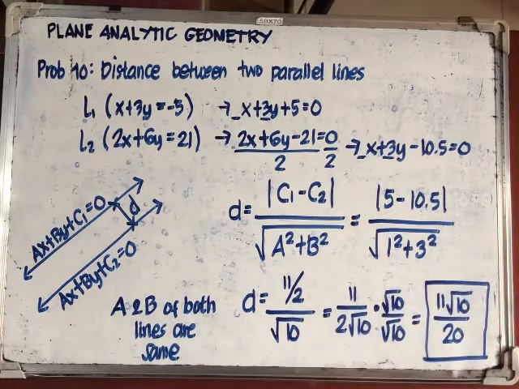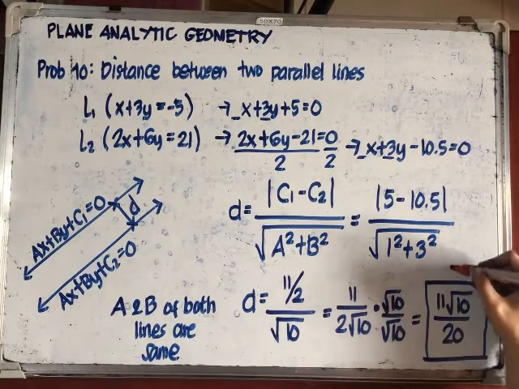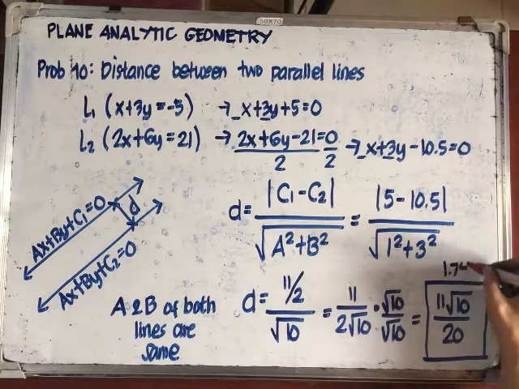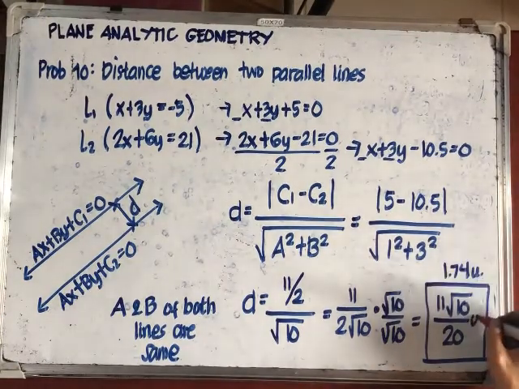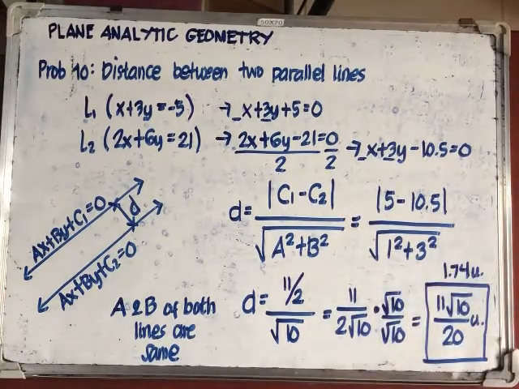Okay? Or you can have your answer in decimal din. How much would that be in decimal? 1.74. I'll just write it here na lang ha. 1.74 units. So, that is your final answer. Distance formula sa ating two parallel lines.